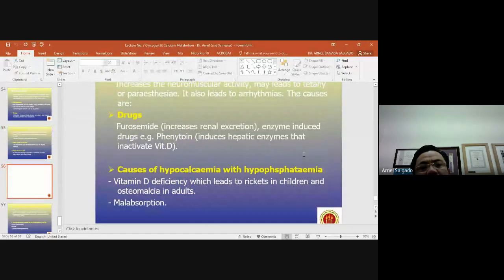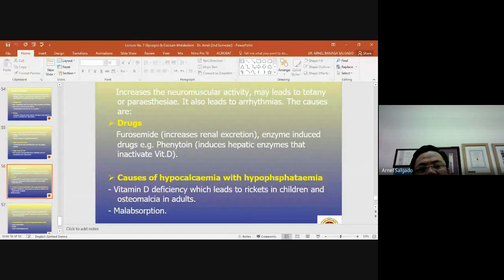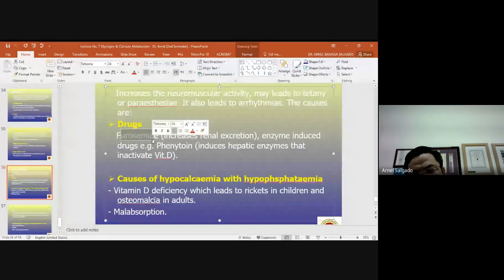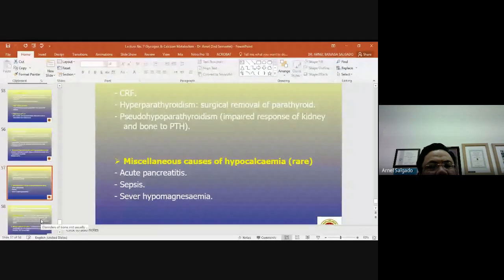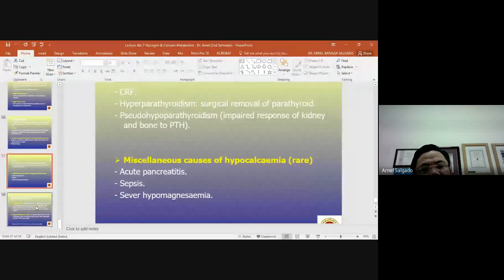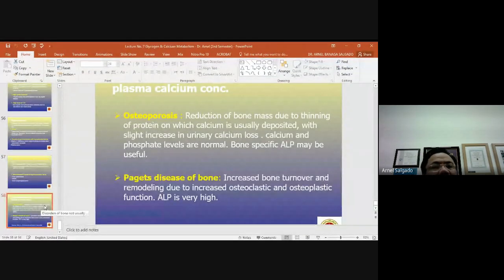On the other hand, hypocalcemia can be caused by drugs, no? Like furosemide. Furosemide is a diuretic, so you eliminate so much of your calcium through your kidneys. Causes of hypocalcemia could be hypophosphatemia, like in vitamin D deficiency, and of course, malabsorption and kidney diseases, like in the case of CRF.